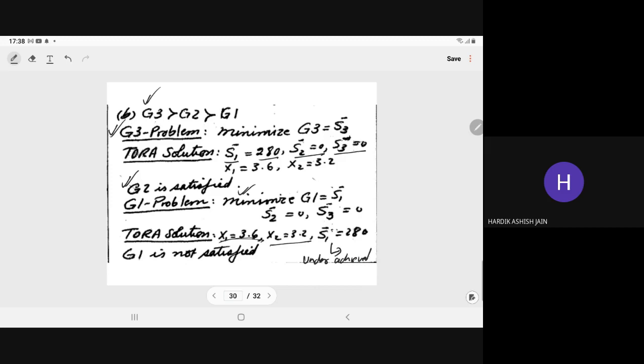You have satisfied the requirement of the 800 senior citizens and the 1,200 middle aged, but you are not able to achieve the teenagers by 1,000. It is underachieved by 280. So you can say that G1 is not satisfied. That is the primitive method.